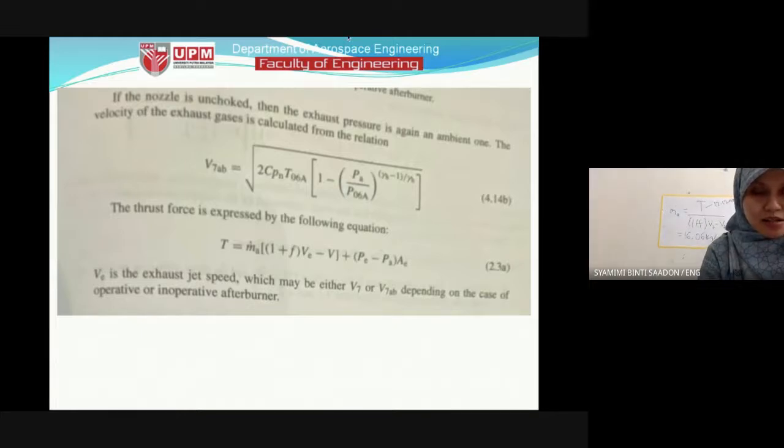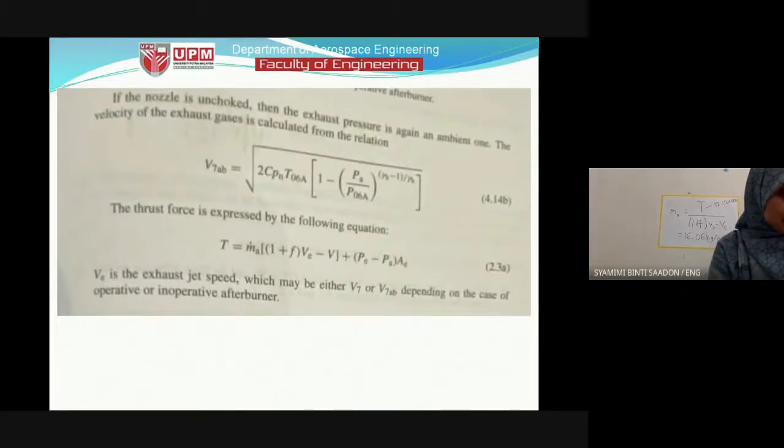Okay, last one, the overall efficiency. Efficiency is in chapter 2. So we use the simplified one.